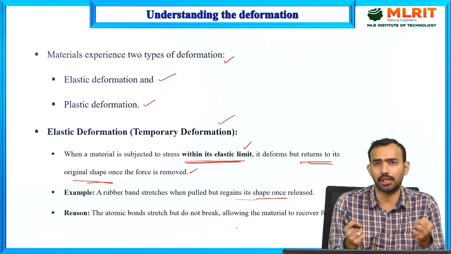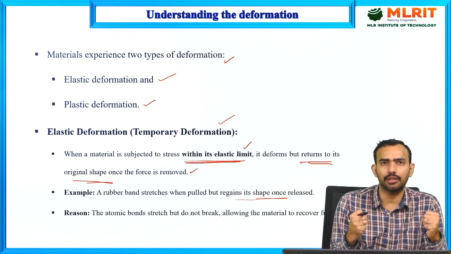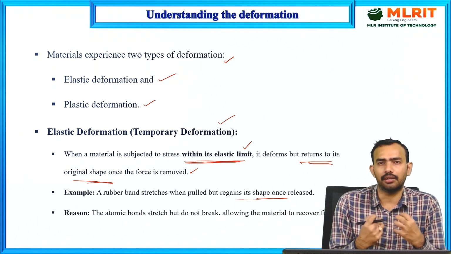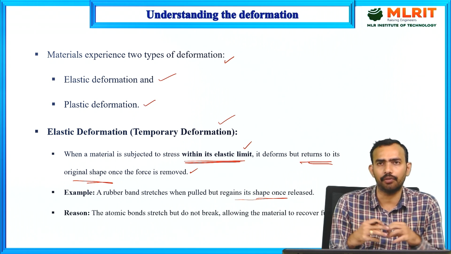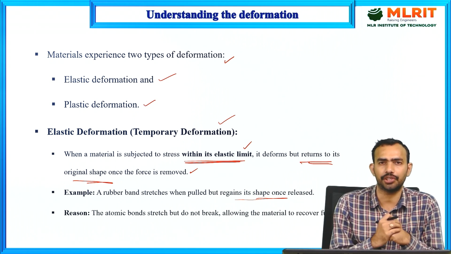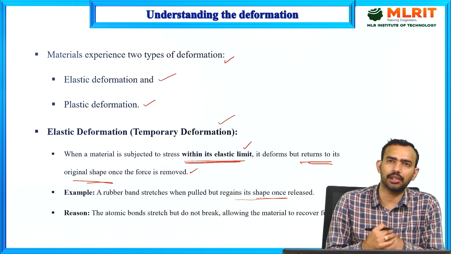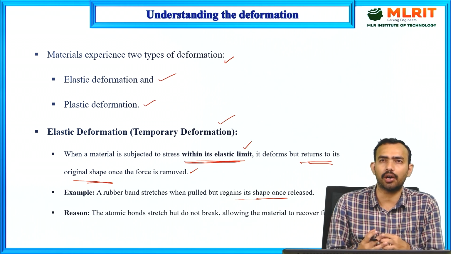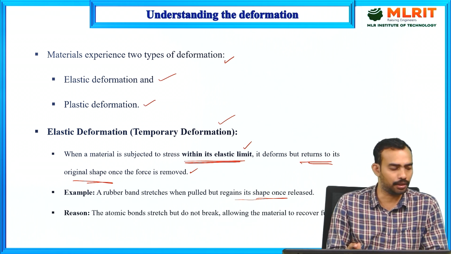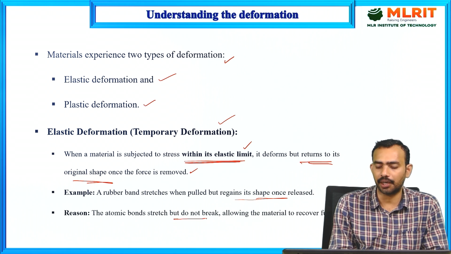When we stretch the rubber band within its elastic limit, it stretches, but once the external force has been removed, the rubber band regains its original shape. Why does it regain its shape? It is because of the atomic bonds that are closely associated. The atomic bonds stretch, but they do not break here.